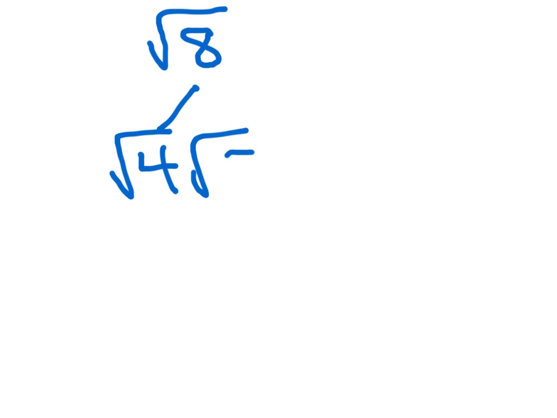Now, what happens when you get an imperfect square that has factors in it that are perfect? So for instance, one of the most famous is the square root of 8. We know 8's not a perfect square because we know there's not a whole number that when we multiply it by itself gives us 8. But I can rewrite the square root of 8 as the square root of 4 times the square root of 2.